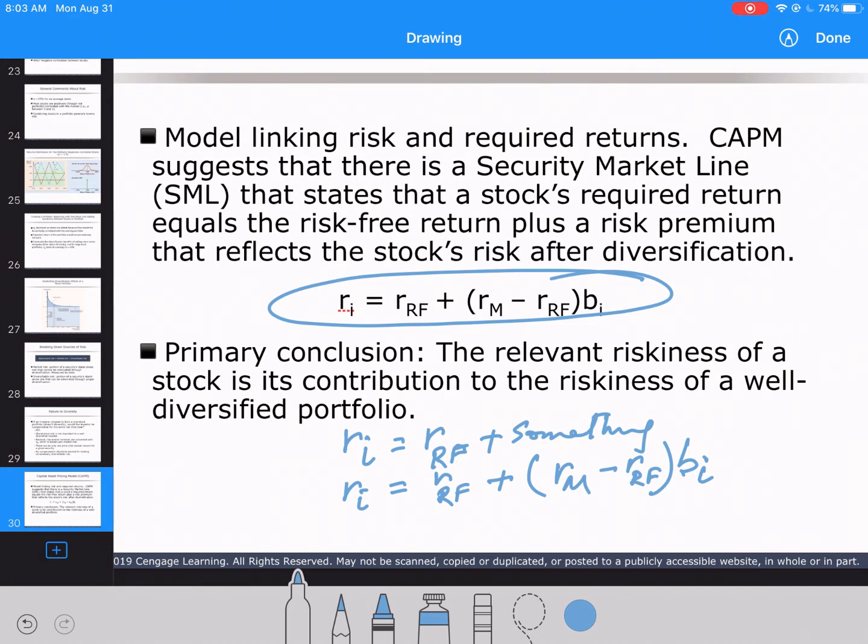In that case, I will demand the risk-free rate plus this risk premium. So this is the risk premium for the market. And then the whole thing, this much, is called the risk premium for the ith security.